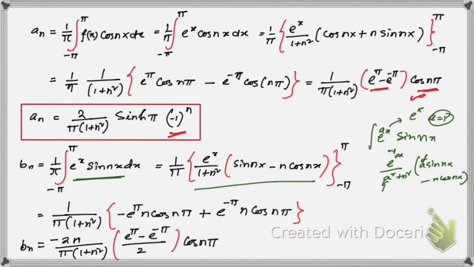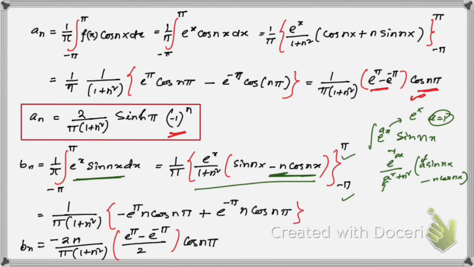Then I have put the upper limit and lower limit, and this term is going to be 0 because sin n pi is going to be 0, and we're dealing with this term only. If you put cos n pi or cos minus n pi, because cos of minus theta is cos theta, it doesn't matter, in both cases the value will be the same.